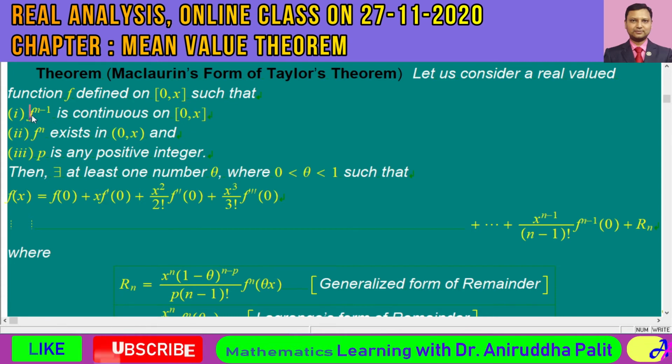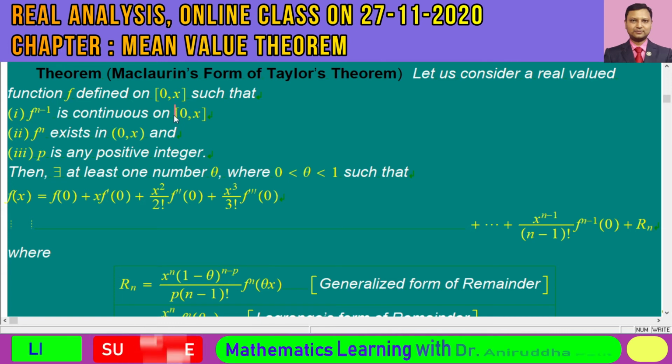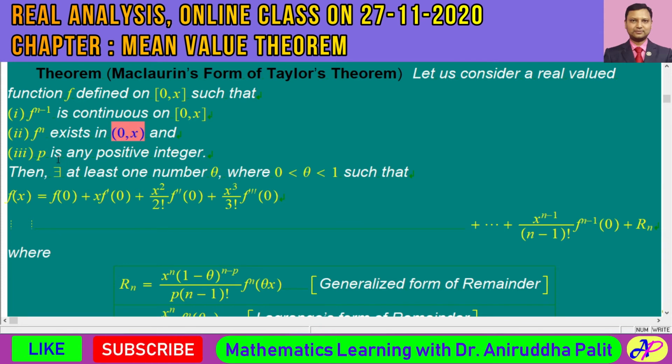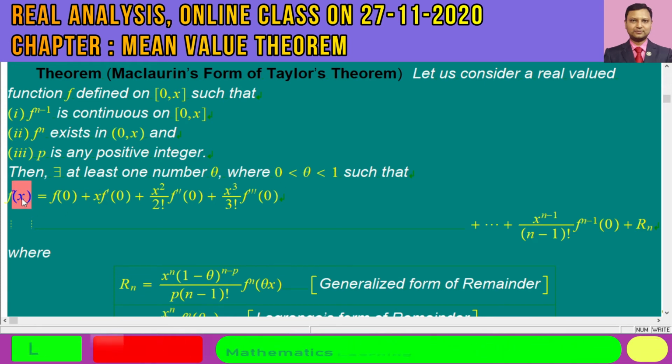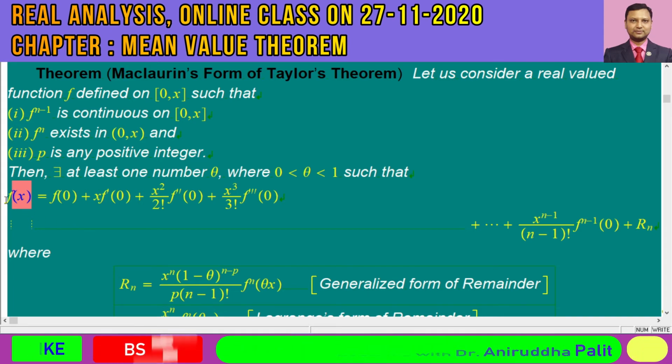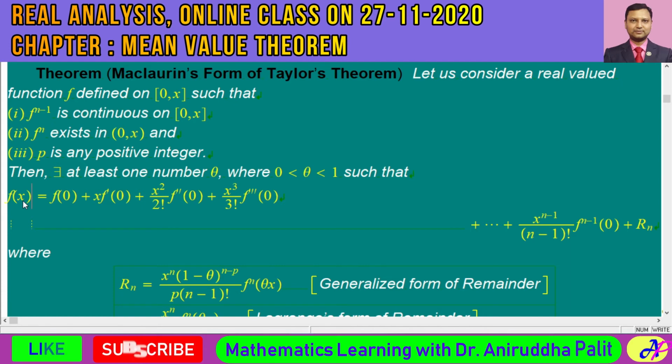So over here, if f n minus 1 is continuous in the closed interval 0 comma x, its derivative, that means f n, exists in the open interval 0 comma x, and p is a positive integer, then there exists at least one number theta where 0 less than theta less than 1, such that we had f of a plus h on the left hand side. But now a becomes 0 and h becomes x.